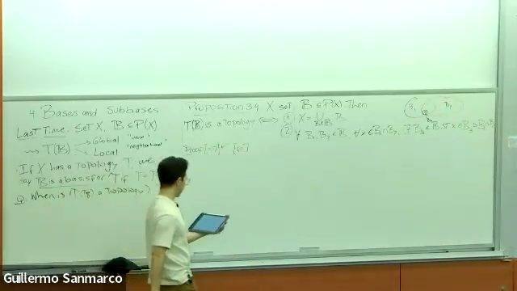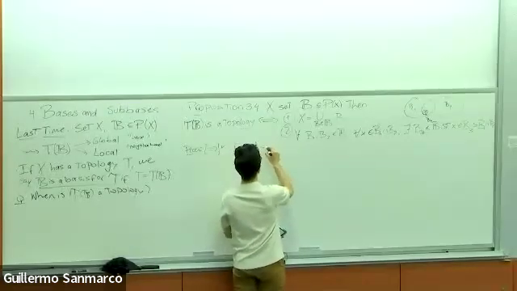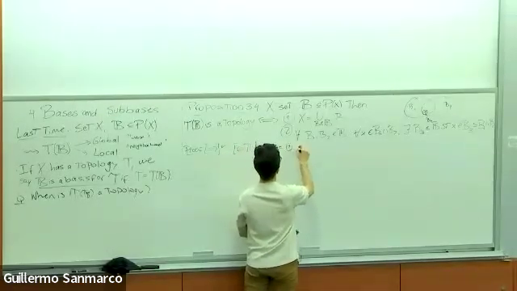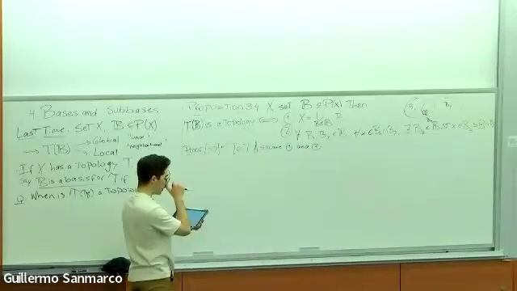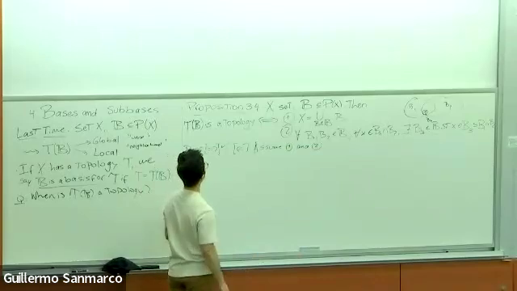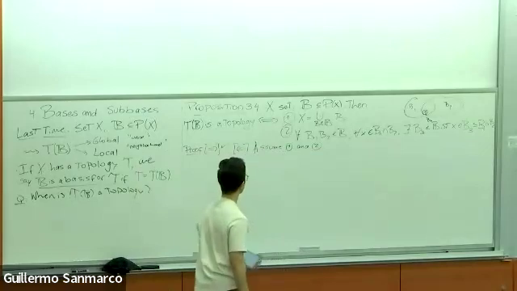So let's go there. How do we prove such a thing? We need to assume 1 and 2 over here, and we want to show T of B is a topology. So we need to verify 1, 2, and 3 for the topology axioms.